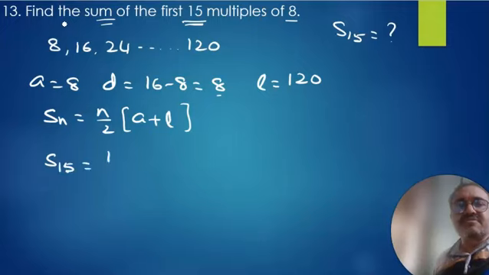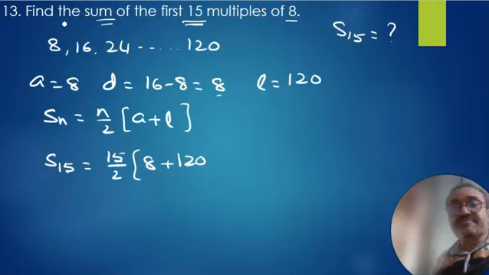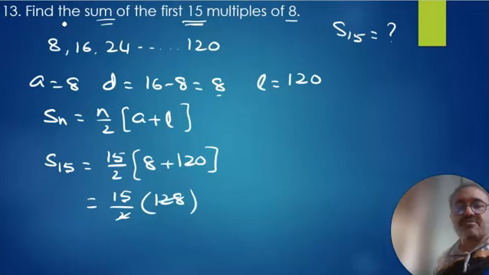S15 is equal to 15 by 2 into 8 plus 120. So that is equal to 15 by 2 into 128. 200, 260, 240.